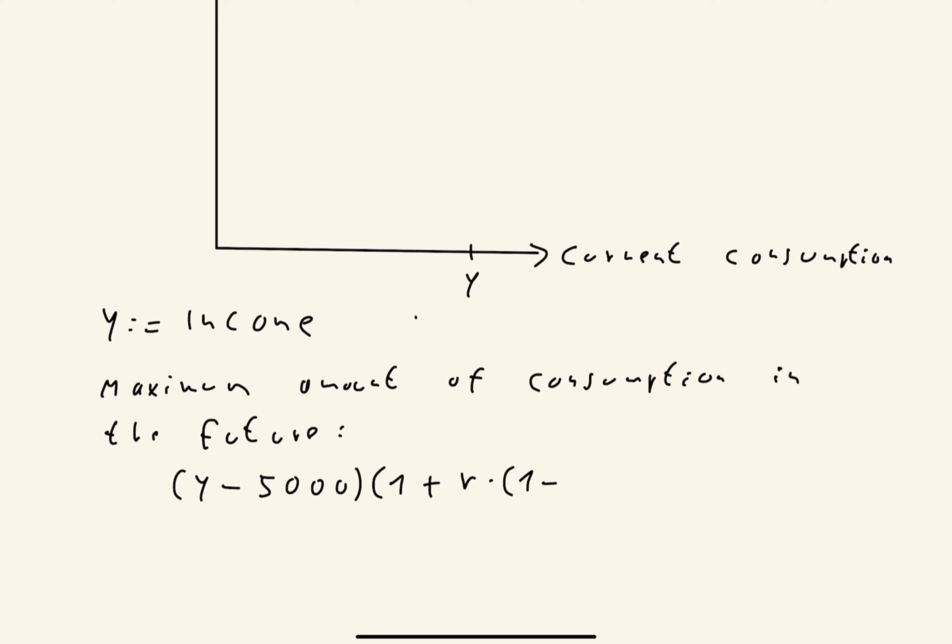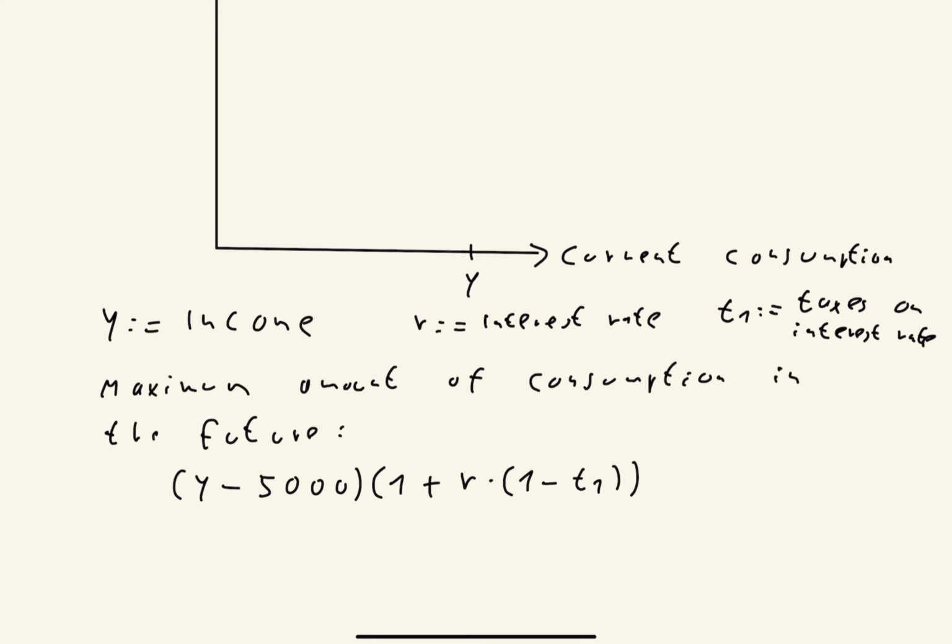Let's say R is the interest rate, and T1 are taxes on interest. So then we have Y minus 5,000 times 1 plus R times 1 minus T1.